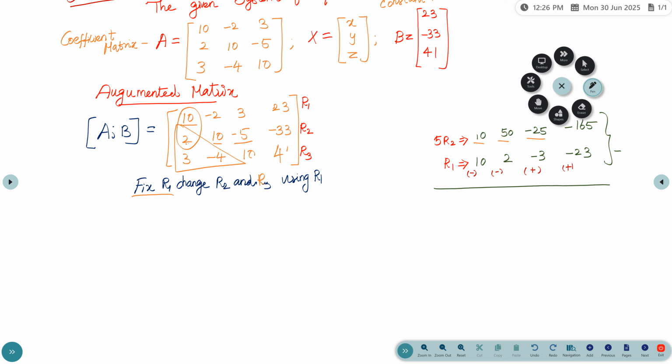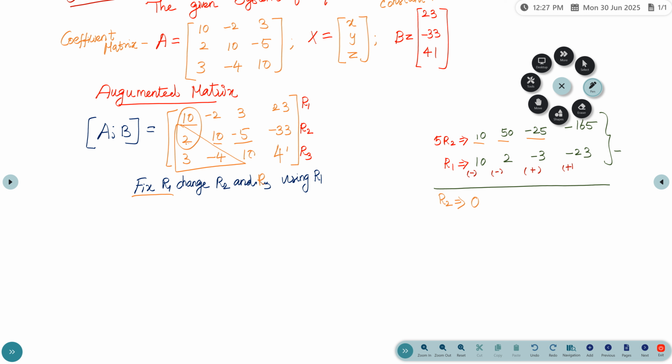The first value should be 0. If you subtract 10 minus 10, we get 0. So you have to subtract both rows. Now R2 equals 10 minus 10, which is 0.